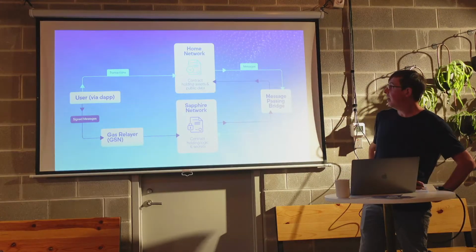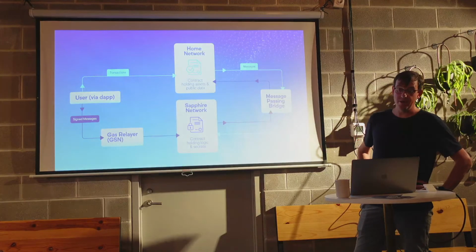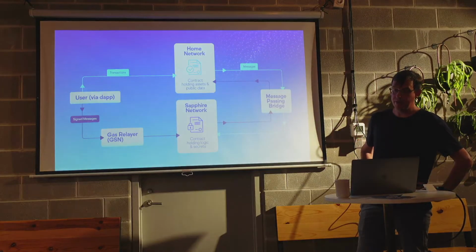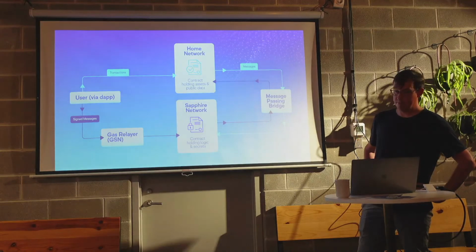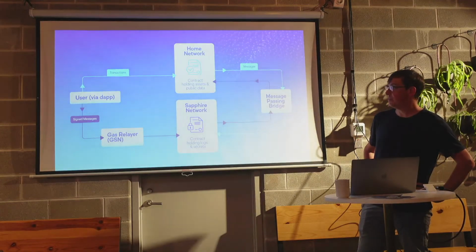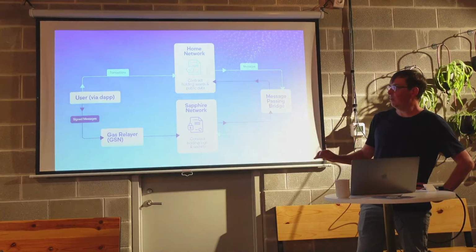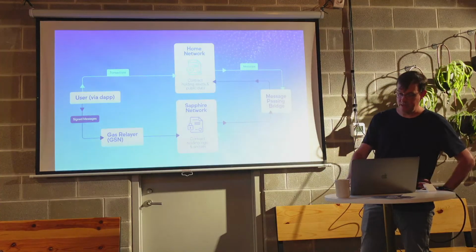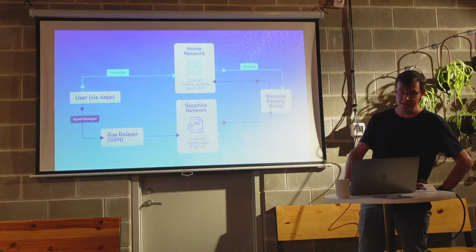But they can do this with the help of a gas relayer, which means they're not required to go out and get the gas token for the Oasis network, which is ROSE. And so this is really crucial for enabling that seamless end-user experience. And yeah, we can dig more into the details later, and you'll see with Mateus and C's demos a little bit more of the technical details there.